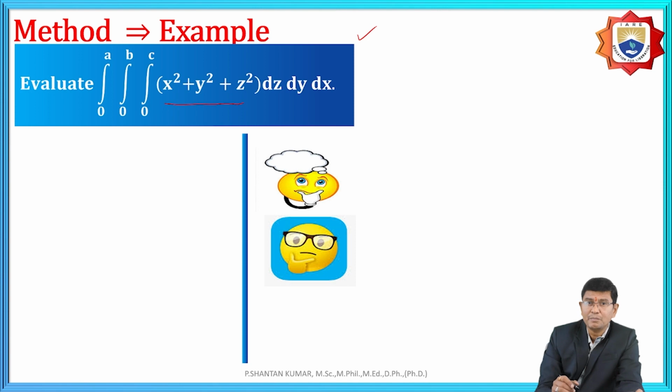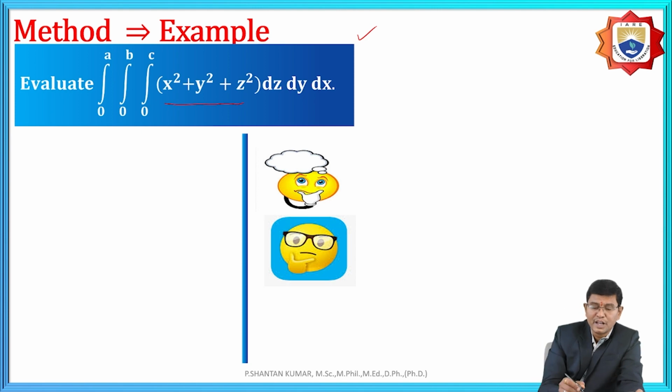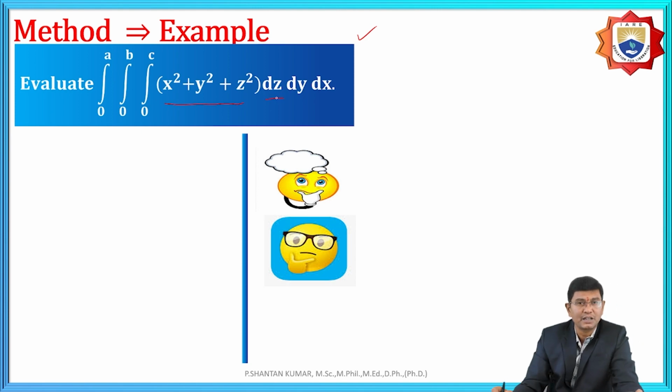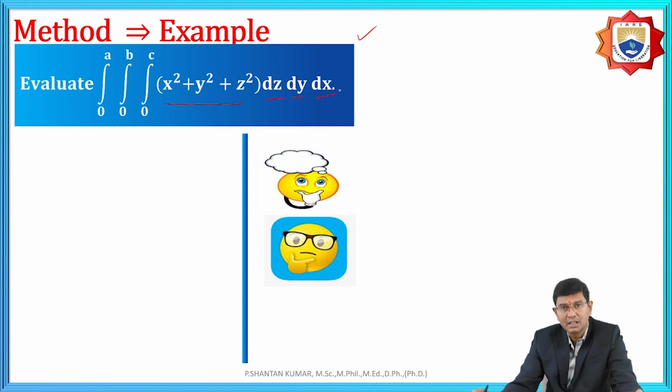But it is not mentioned which limits are for which variable specifically. We need to assume that the inner limit is with respect to z, then y, and next x. Going from inner to outer, first we need to integrate with respect to z.